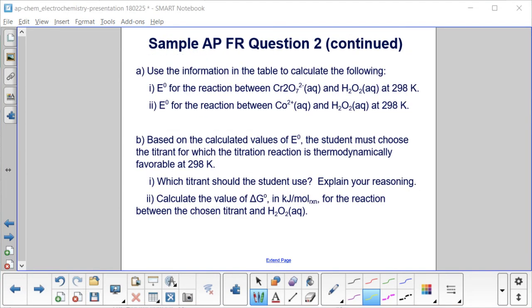Okay, part A, use the information in the table to calculate the following. The cell potential for the reaction between the dichromate and the hydrogen peroxide at 298 Kelvin, and the cell potential for the reaction between the cobalt 2+ and the hydrogen peroxide at 298 Kelvin. So try to do that on your own first, then I'll walk you through a step-by-step solution.